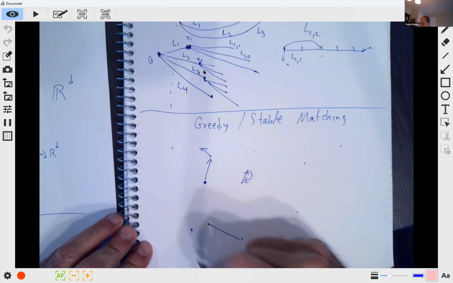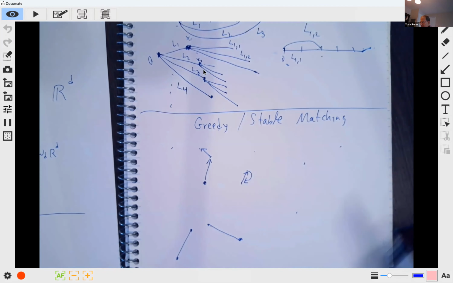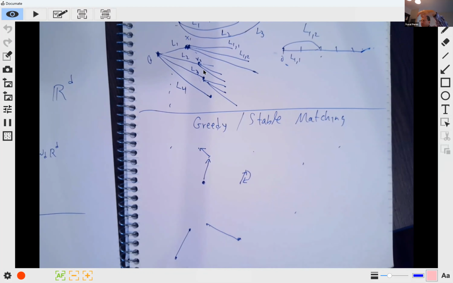Here are four points, and if we look at these two, they are closer to each other than to their matched partners. The matched pairs are indicated by these edges. A matching that looks like this would never arise from the greedy procedure I described. But if we had a pair like this, we would call them an unstable pair. An unstable pair means an unmatched pair that prefer each other according to distance compared to their matches.